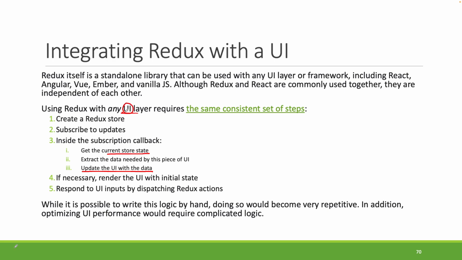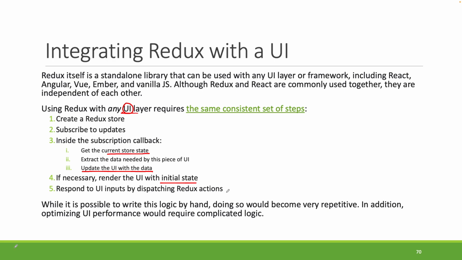We have to change the UI based on the data as the store is updated. If necessary, render the UI with initial state, okay, and respond to UI inputs by dispatching Redux actions.